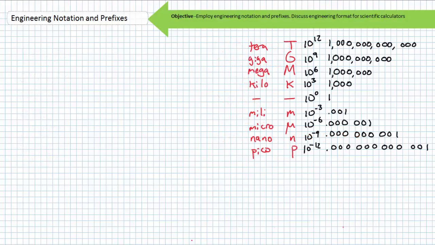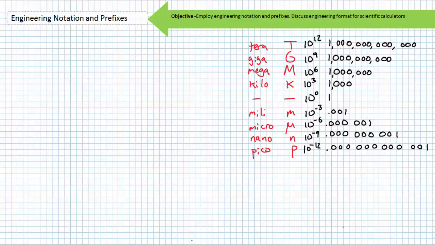Remember, a number properly packaged up in engineering notation employing engineering prefixes uses a coefficient less than 1,000 and greater than 1. The coefficient is then multiplied by 10 raised to a power divisible by 3, as in 0, 3, 6, 9, 12, or on the other side of the decimal point, negative 3, negative 6, negative 9, or negative 12.